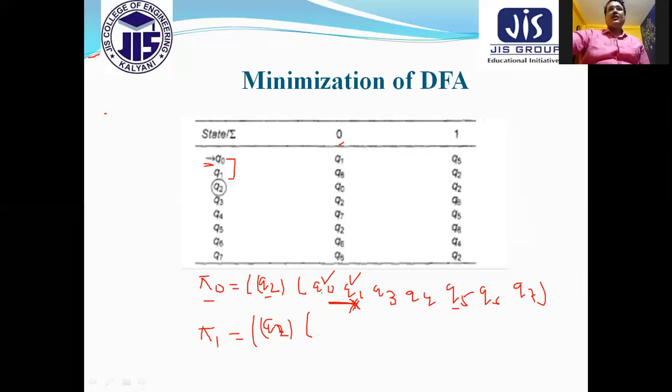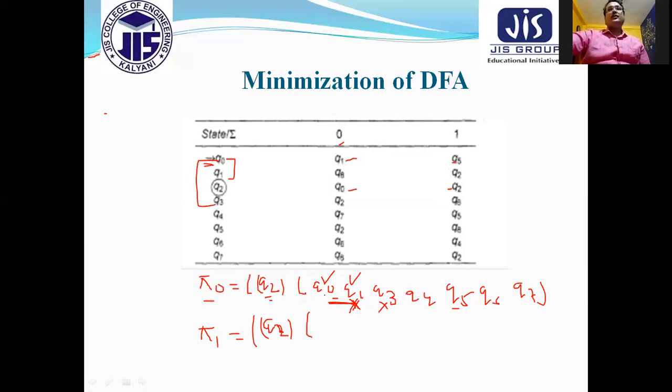Okay, now check Q0 with Q3. Q1, Q0, both are here, no problem. Again, we are getting Q2 and Q5. Q5 is in this set, Q2 in this set. Again, they are different, so I can put a cross here. They are not equivalent.